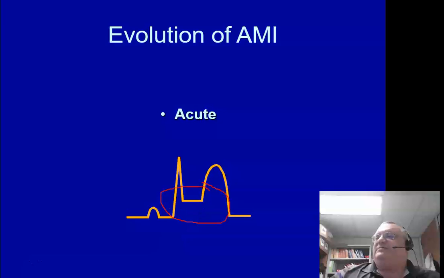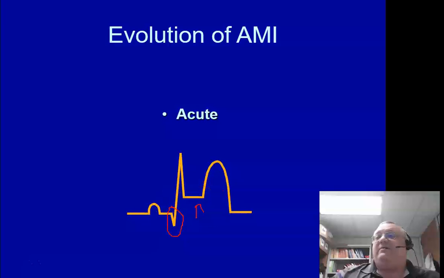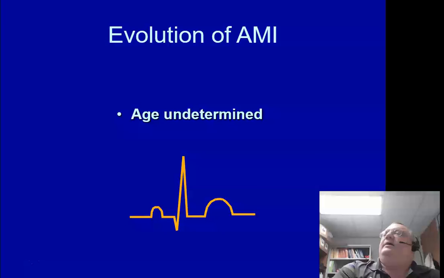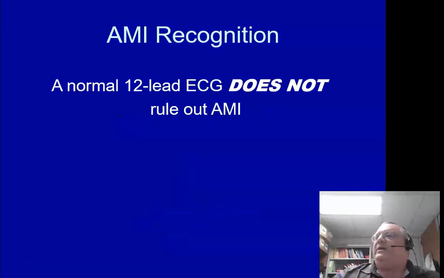On the previous one they didn't have a Q wave, now he develops a Q wave, okay? So he starts to develop that pathologic Q wave. And then usually it goes back to normal, and you usually end up with a little bit of depression sometimes. But now they've got a pathologic Q wave, so we don't really know when that happened, okay?